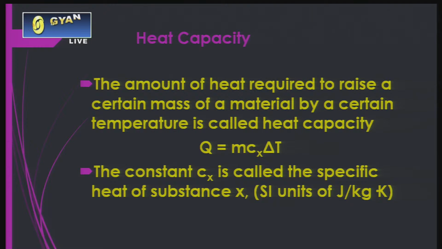Let us say the material is raised by delta T temperature and the mass of that matter is M. The amount of heat required to raise the temperature by delta T will be mc delta T. Here this C is known as the specific heat of the substance. When we have a constant pressure process, we take the specific heat as Cp, and for a constant volume process, we take it as Cv.